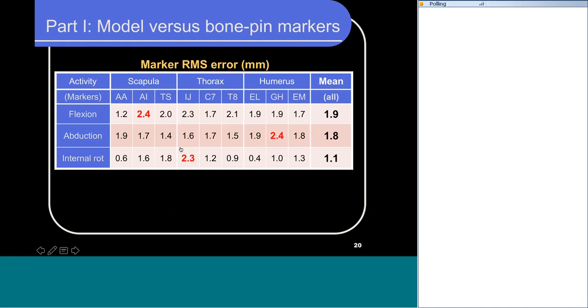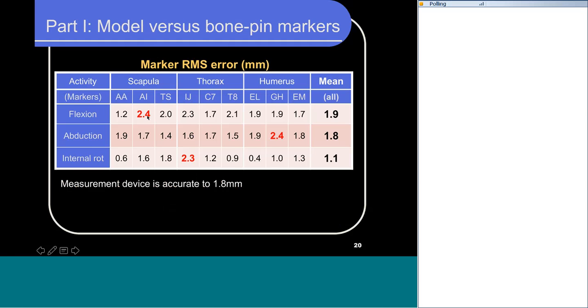Okay. So we looked at, visually inspected the motion. Now we can actually look at some of the numbers. So what are we seeing here? We see our peak RMS error differences in a few places.